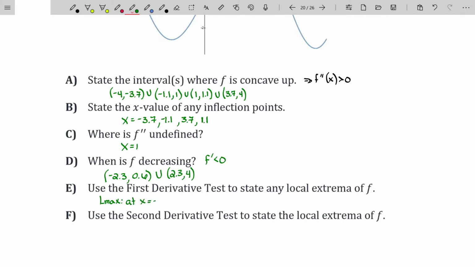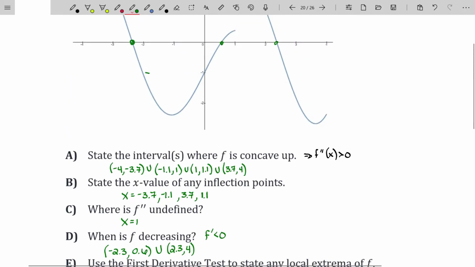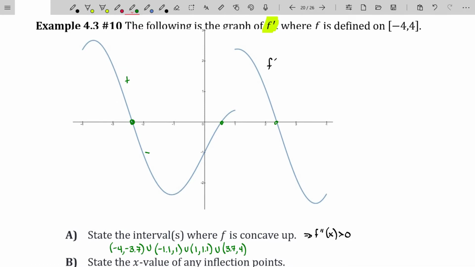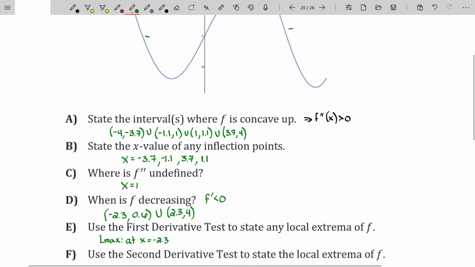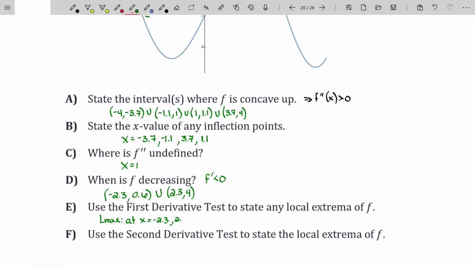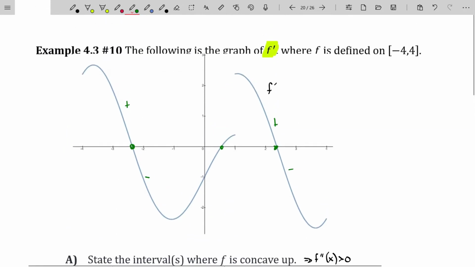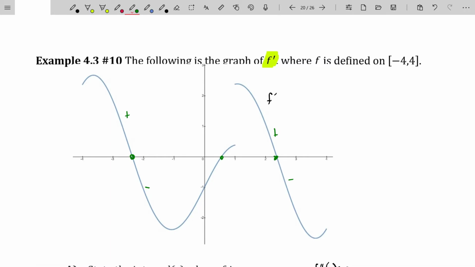It also went from positive to negative at x equals positive 2.3. So put 2.3 there. And then we have a local min at x equals. Local minimums occur when your derivative goes from negative to positive.